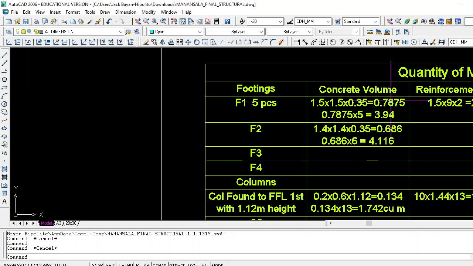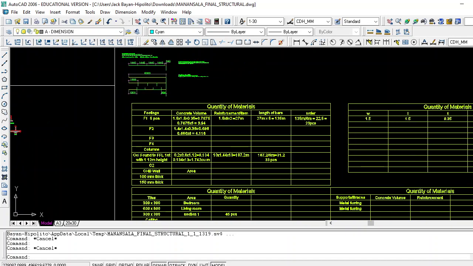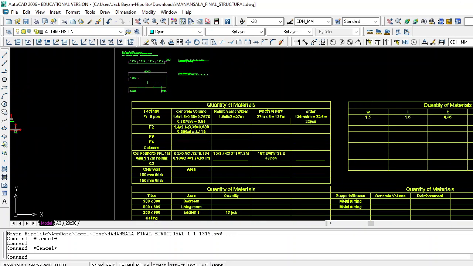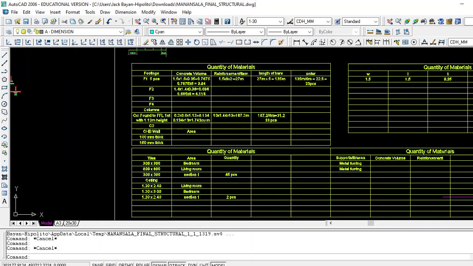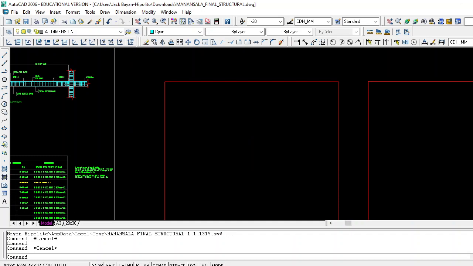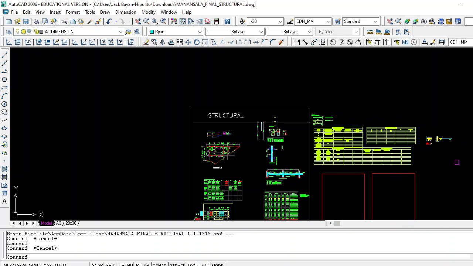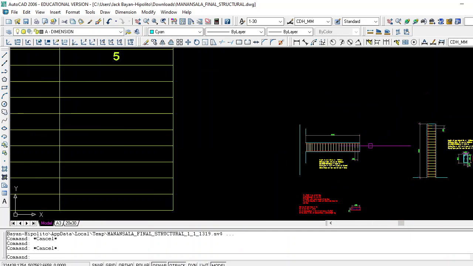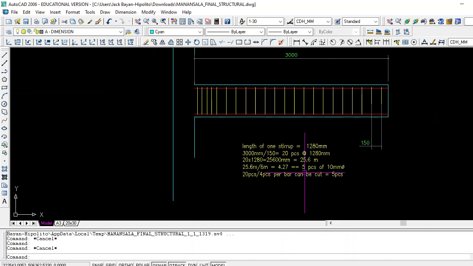So, I have discussed actually this part, yung footings natin. I have also discussed about the column. So, then I will explain further kung paano yung sa table na gagamitin ninyo. Now, we have already considered yung column natin. If you remember, we have here your column and your beams.